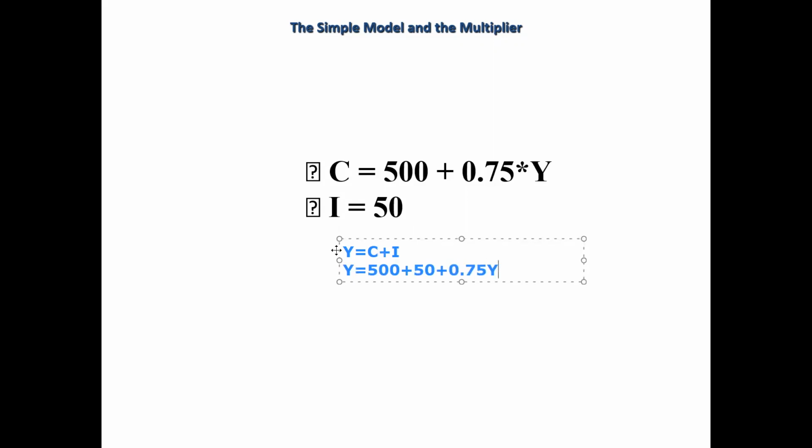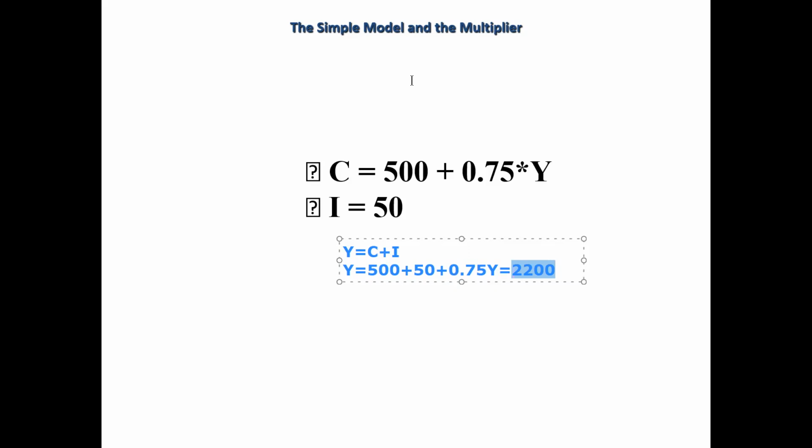At this point, the aggregate income was 2,200. If you have both equations, we can know what Y is here. Y here is equal to 2,200.